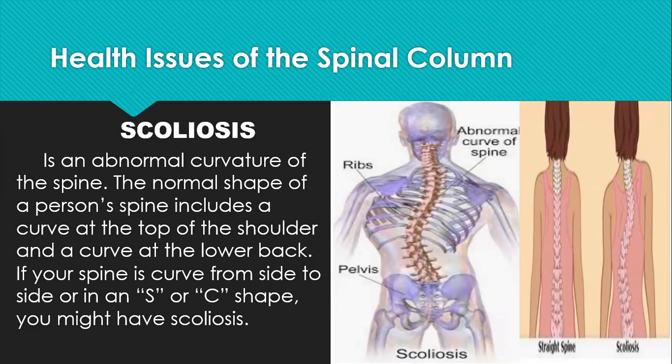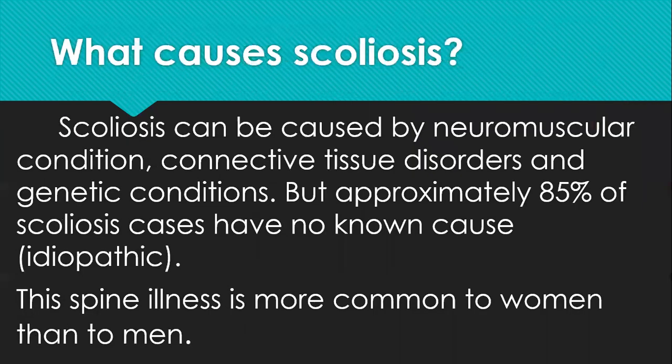Look at the picture there. You can see that the spine there is not straight anymore. But if you compare it to the normal spine, it's straight. But for those on the left side and the right side having scoliosis, it is curved. So that's what's happening if you have scoliosis.